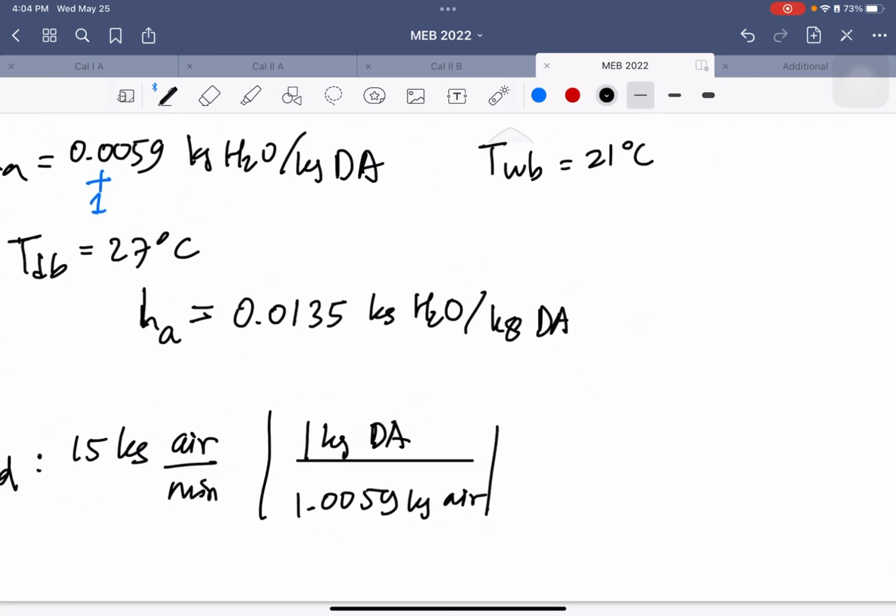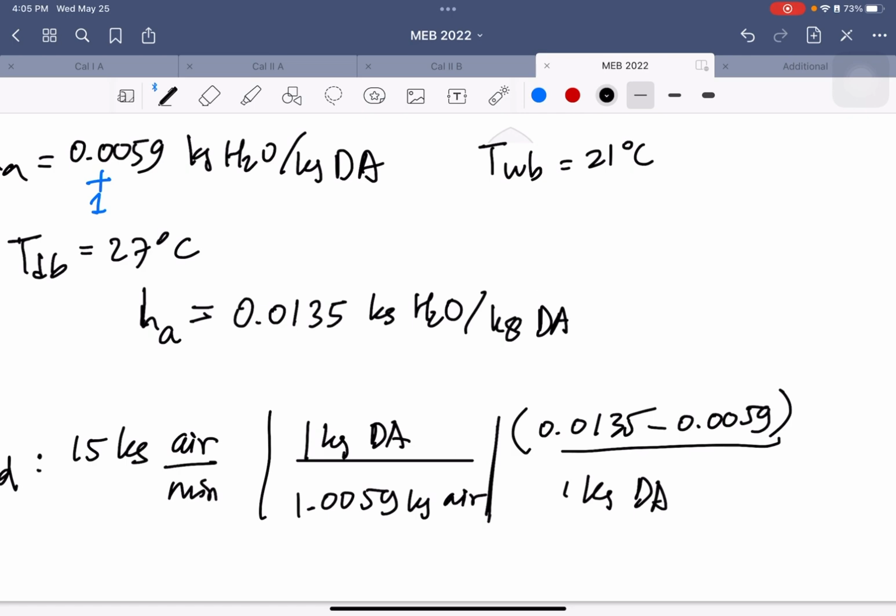And then multiply with this subtraction of 0.0135 minus 0.0059, per 1 kilogram dry air, 1 kilogram H2O.